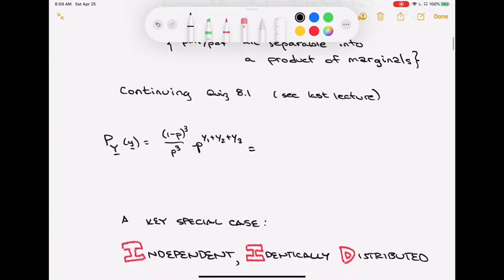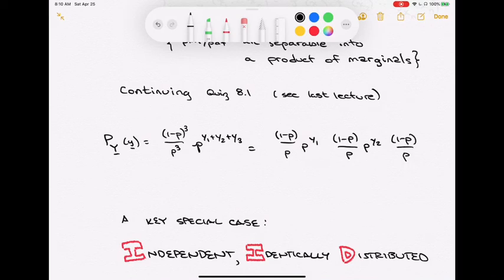Well, this one's not too bad either because of the properties of exponentials. We can certainly write this out as (1 minus p) over p times p to the y1, multiplied by (1 minus p) over p times p to the y2, multiplied by (1 minus p) over p times p to the y3.